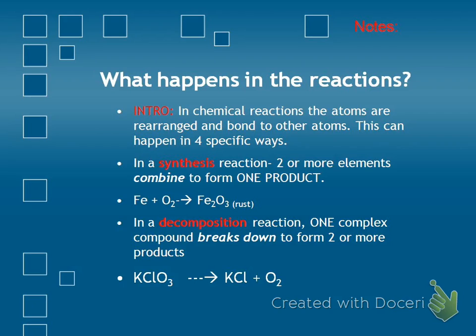So that oxygen molecule is breaking apart. So if I were you, I would highlight the one reactant or the one complex compound in that. So you can always identify decomposition because you're only going to start with one reactant. That is the key to identifying that equation.